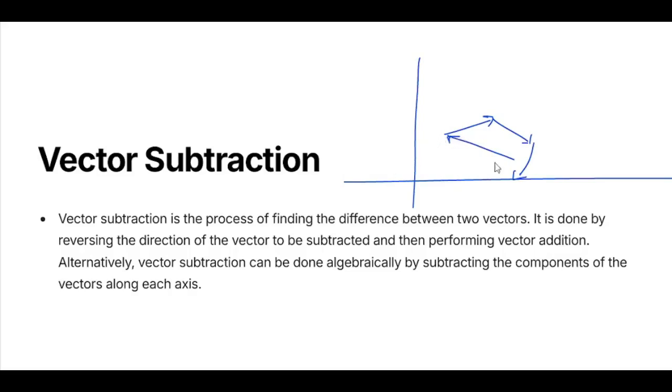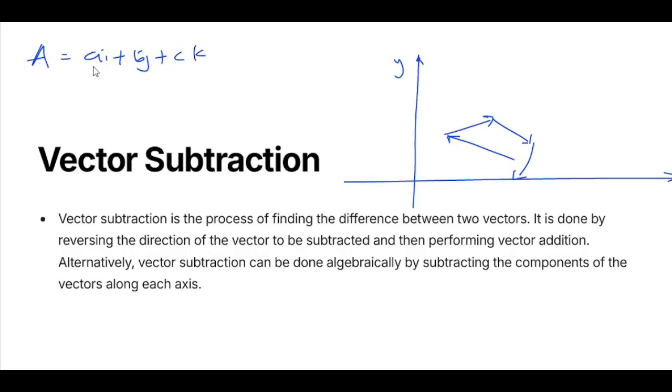But aside from using the representation on a graph with the y-axis and the x-axis, we can also get the addition and subtraction of vectors using algebraic expressions. Let's assume you have vector A equal to AI plus BJ plus CK.